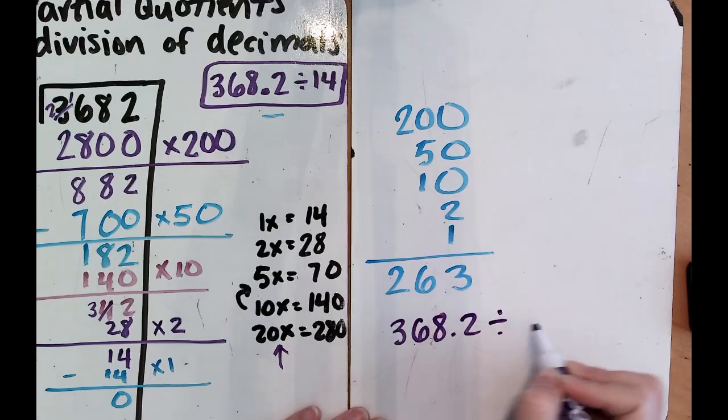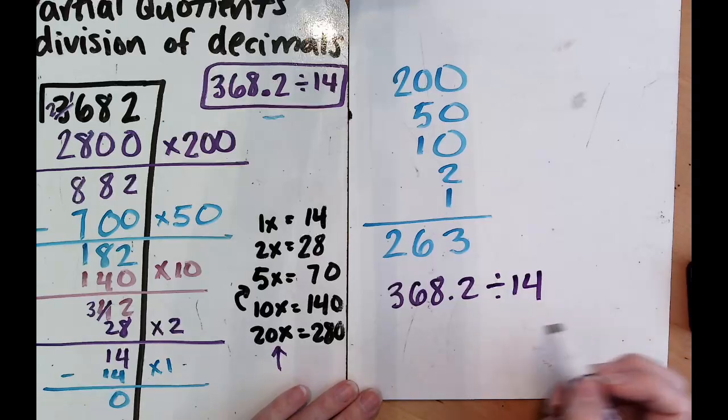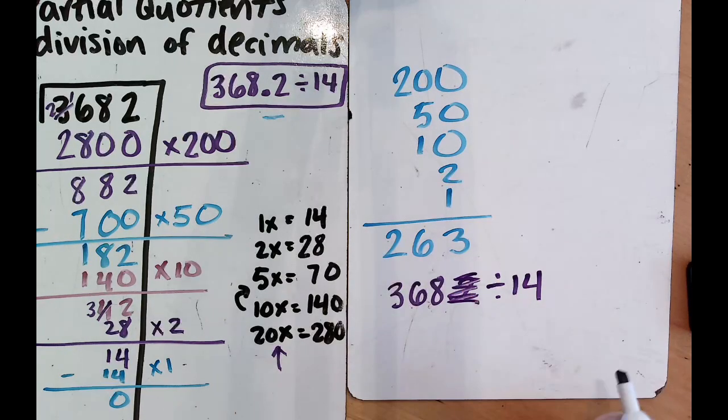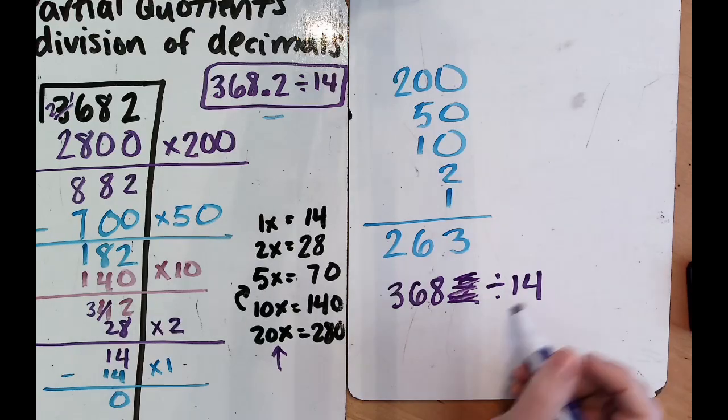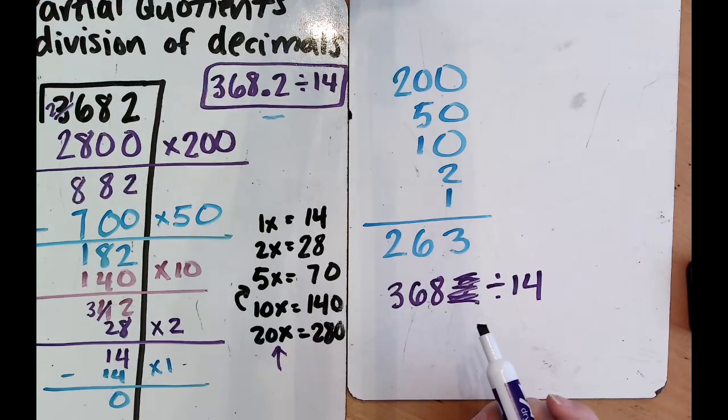368.2 divided by 14. All right, so with 368, I'm going to round this down to just 368. Okay, 14 times something is going to get me close to 368. Well, I know I have some resources that I can use. I need to figure out how many times 14 can go into 368.